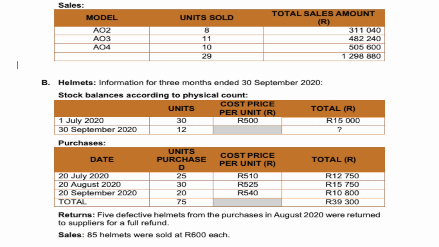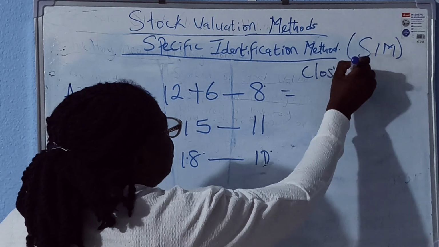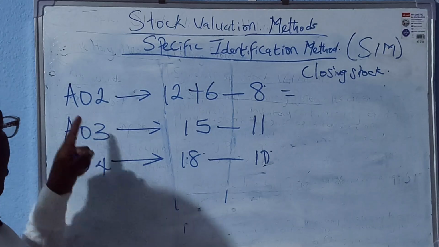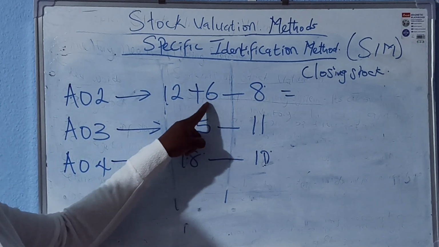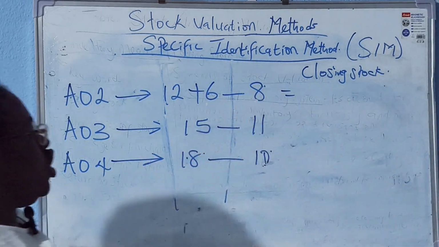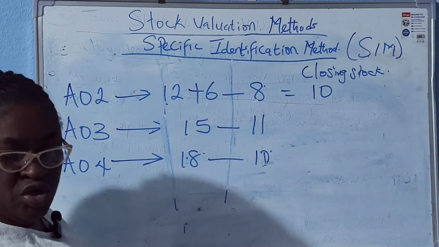So what are we going to have now as our closing stock? For the A02 model, we say 12 plus 6, which is 18, minus 8 that was sold. So the number of our closing stock here is 10 units.